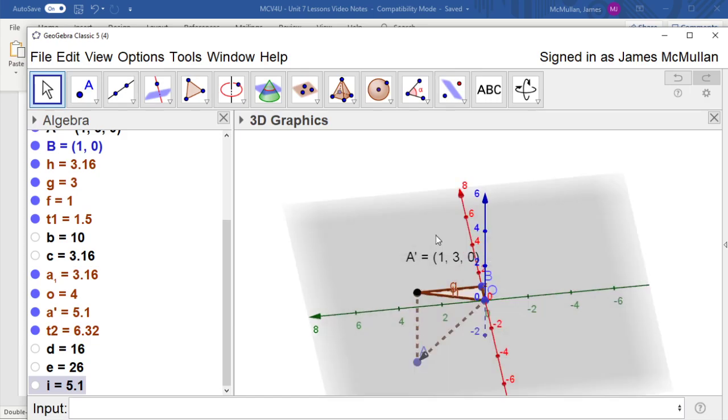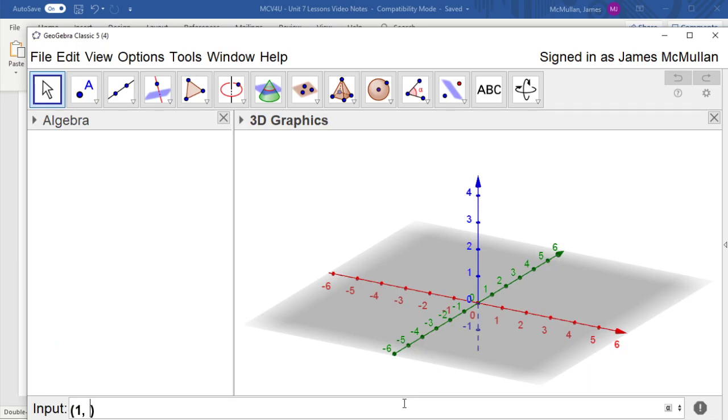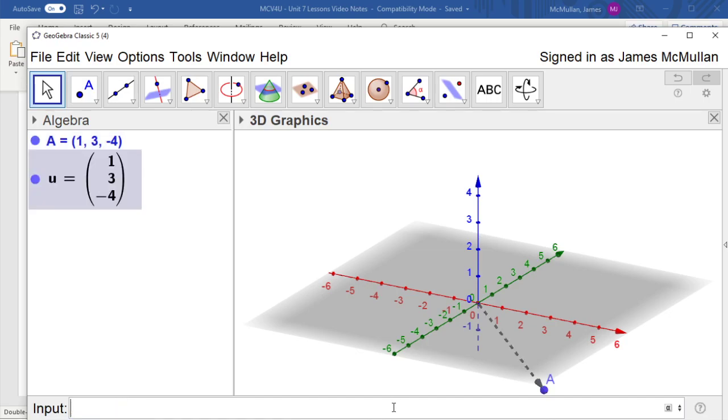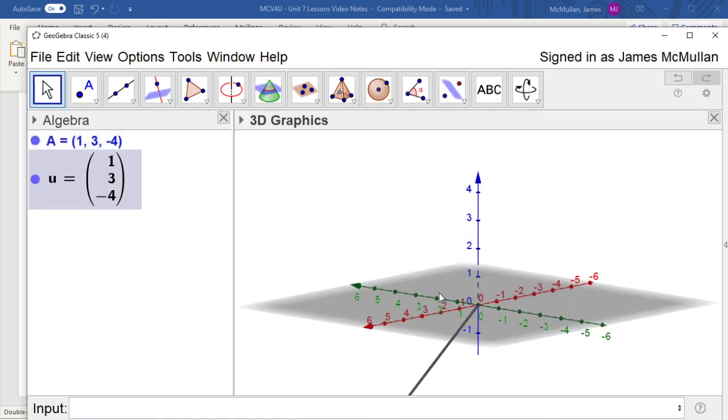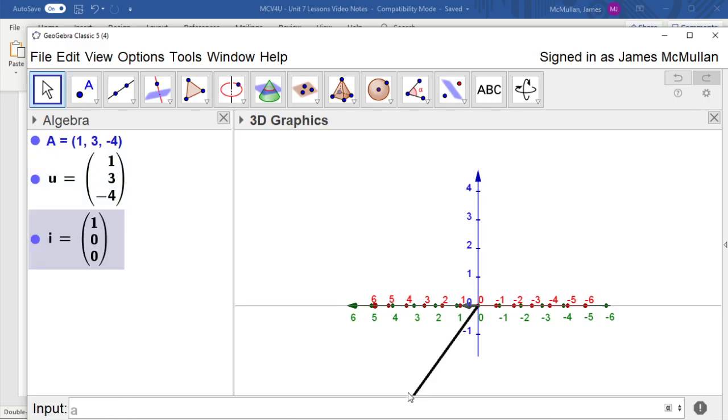Let's show this quickly by drawing the same one again. So 1, 3, negative 4, vector OA. There's my vector. Now what angle does this make with the positive x-axis? I'm going to draw a new vector i, which is 1, 0, 0, and measure the angle between i and u.